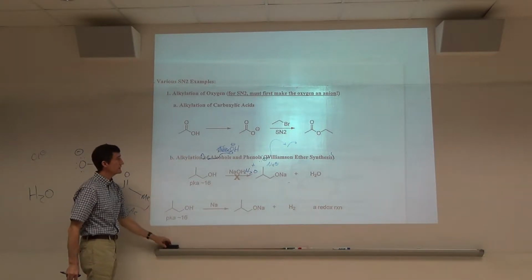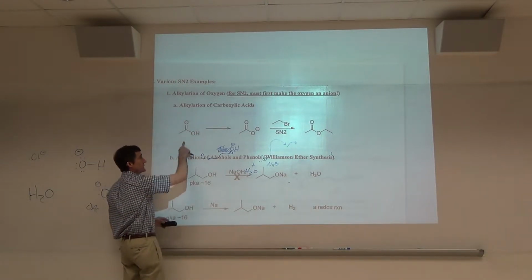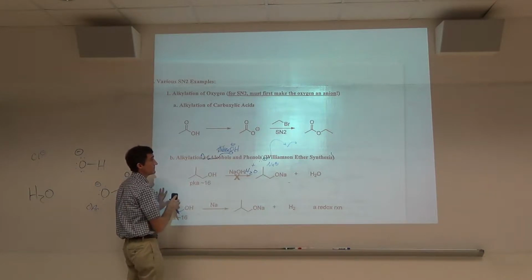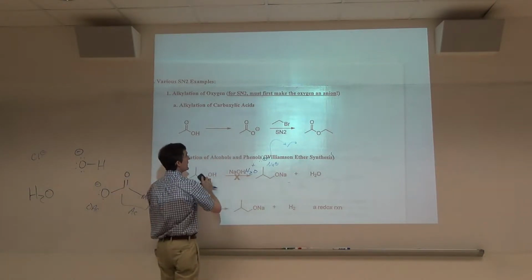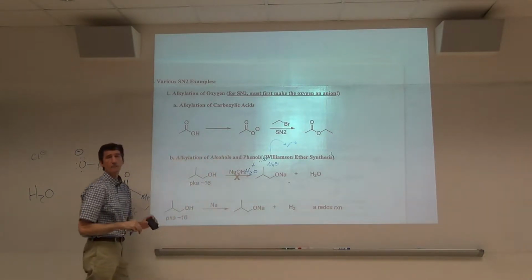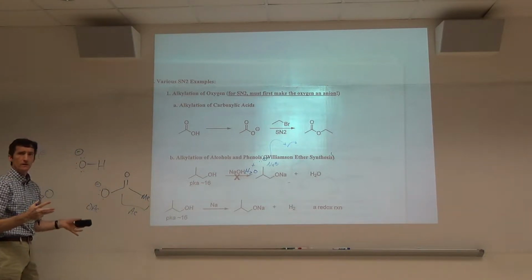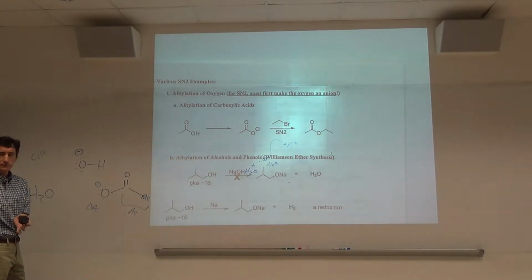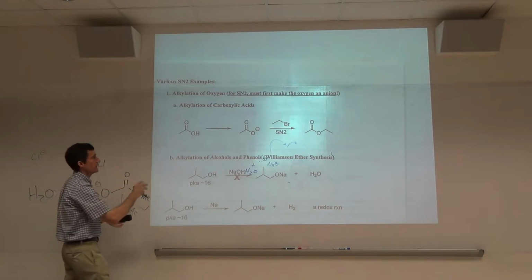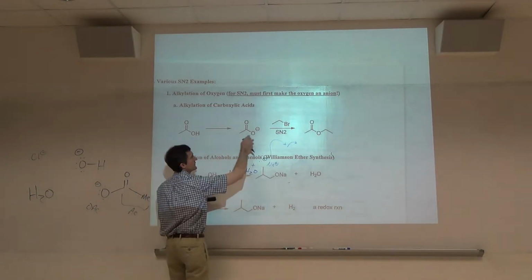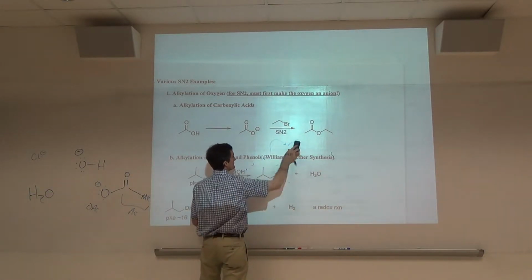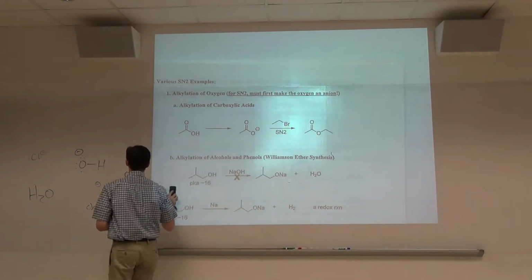And it's more common to have this be the main substrate. Really either way. Usually whatever is your biggest compound, you call that sort of the starting material, and your smaller thing is more of the reagent. We could put the bromine here and put the carboxylate on the line. Either way.